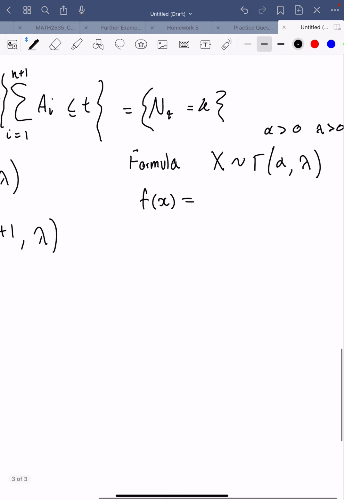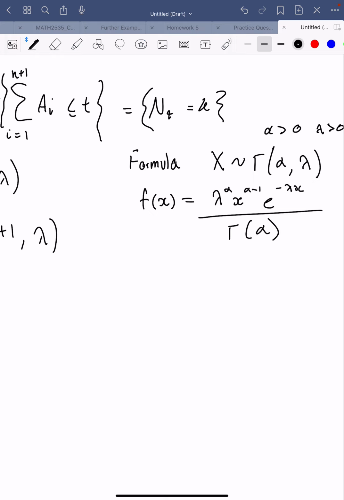So the function of that is lambda^alpha x^(alpha minus 1) e^(minus lambda x) over, now in my formula booklet it says Gamma(alpha).